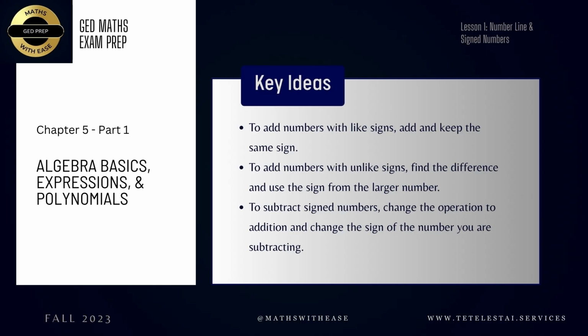And you'll see what I mean as the lesson progresses. To subtract signed numbers, you simply change the operation to addition and then change the sign of the numbers that you're subtracting. Again, we'll see examples of that as the lesson progresses.